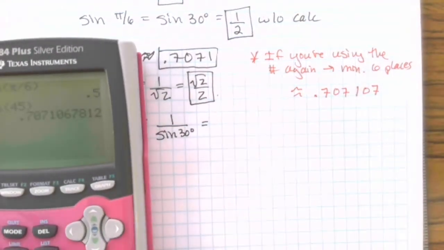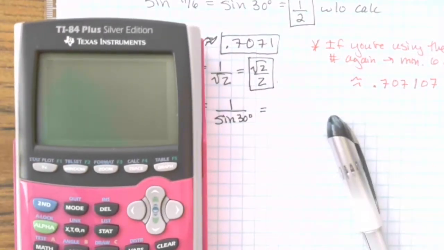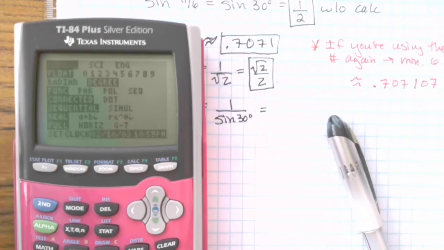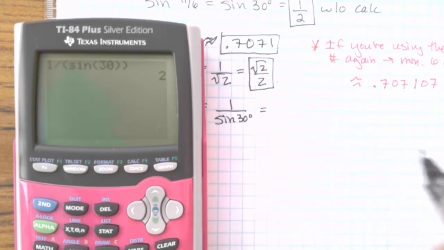So when you calculate this, you can do it one of 2 ways with your calculator. You can do, we're back in degrees, which is okay because our mode is degrees. So you can do 1 divided by parentheses, sine of 30, close the 30, close the bottom. So that's one way to enter it. Get 2.